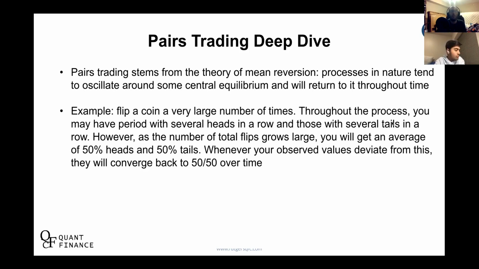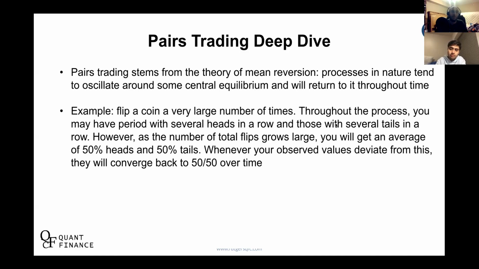But over time, even with these fluctuations, the proportion of heads and tails will constantly fluctuate around a 50-50 split. And no matter how far you deviate throughout time, you are guaranteed to return to this mean level.